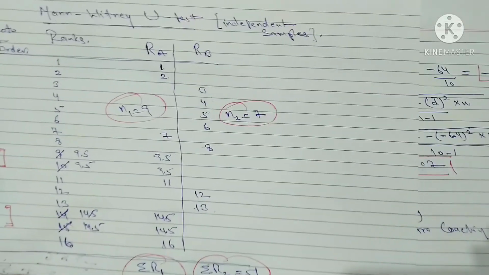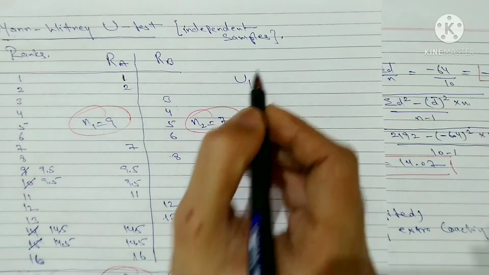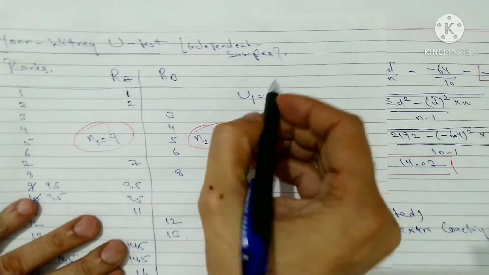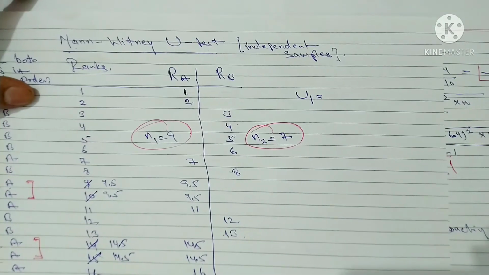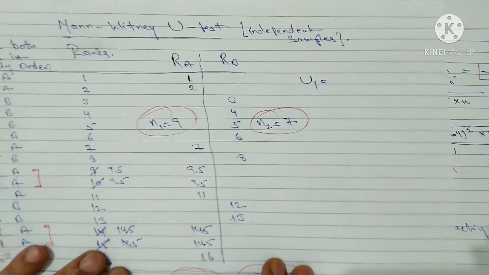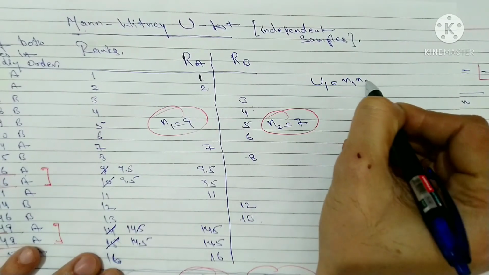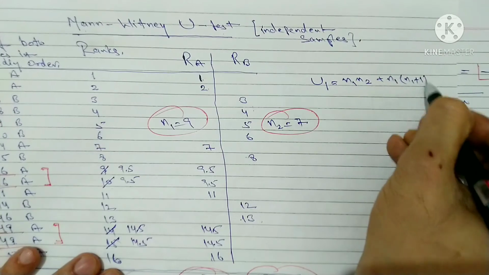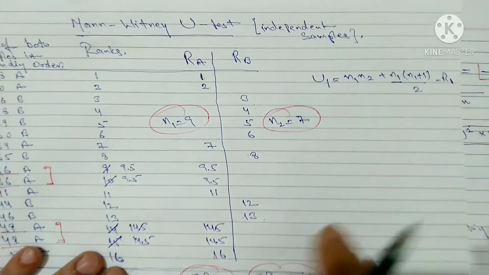First calculate the U stat, meaning first calculate U1. The formula for U1 is n1 into n2 plus n1 into n1 plus 1 over 2 minus R1.